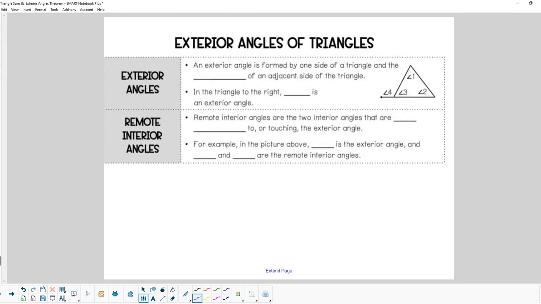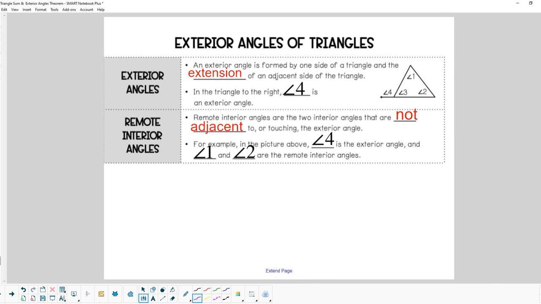All right, so in our official definitions, it looks like this. An exterior angle is formed by one side of a triangle and the extension of an adjacent side of the triangle. In this particular triangle to the right, angle 4 is an exterior angle.